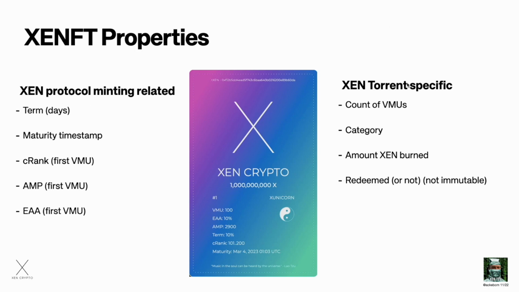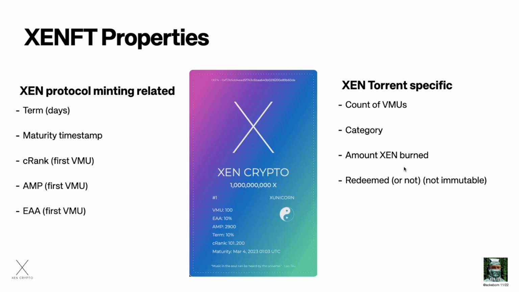Then you have the Xen Torrent specific properties, which are the count of VMUs, how many virtual minting units there are, which category this NFT belongs to, the amount of Xen burned, and if it's redeemed or not. All of these properties captured in this NFT are immutable, which means they cannot be changed, except for the last one, redeemed.